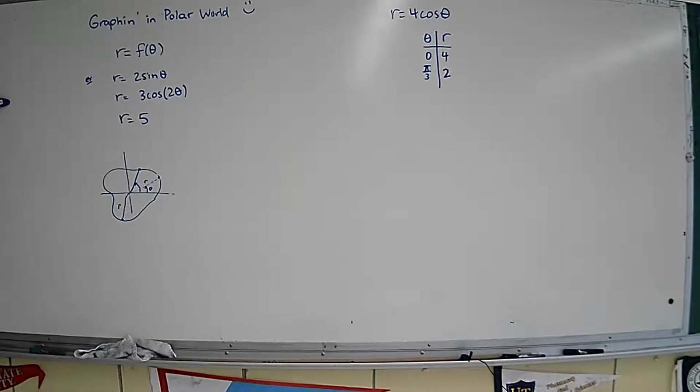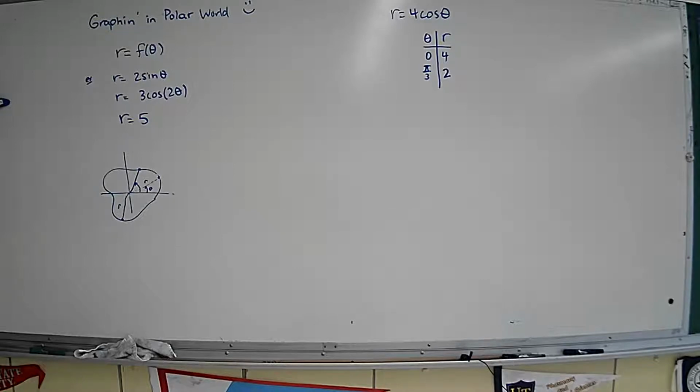That angle is pi over 3. What happened to r? It got smaller. R decreased. The distance from the origin, as I moved from 0 to pi over 3, got smaller.